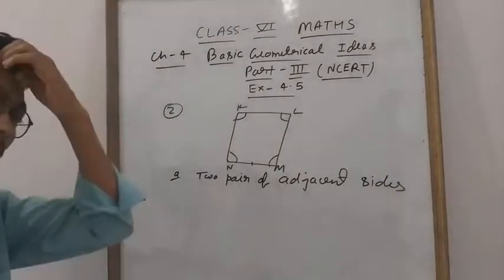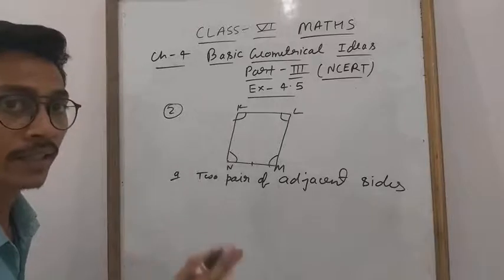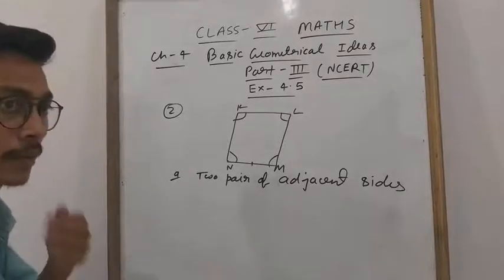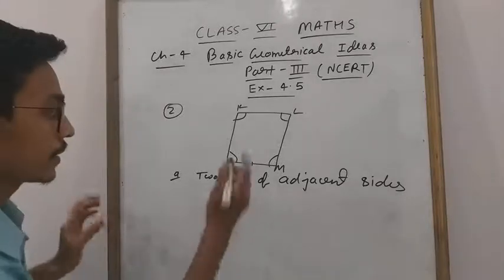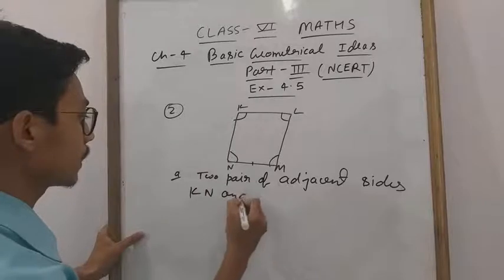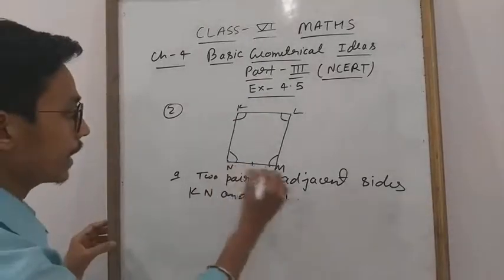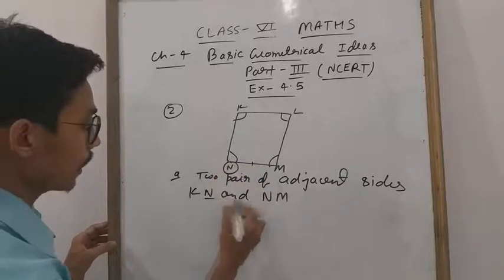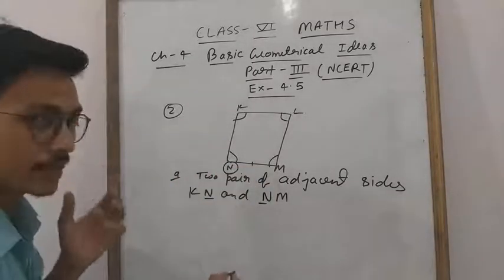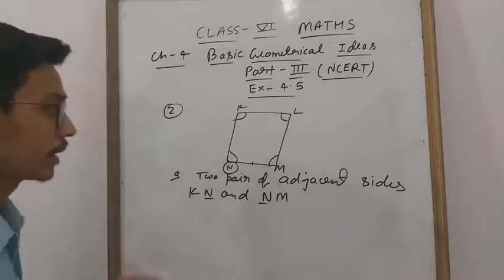Adjacent sides means sides having a common initial point, a common vertex. See, if you write KN and NM, very carefully, what is common? N is common. So they are adjacent sides. Why? Because their initial point is the same. KN starts from here, NM starts from here. Clear? Next, what can you write?